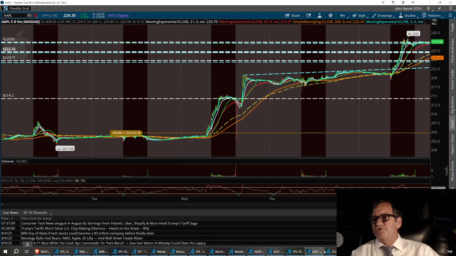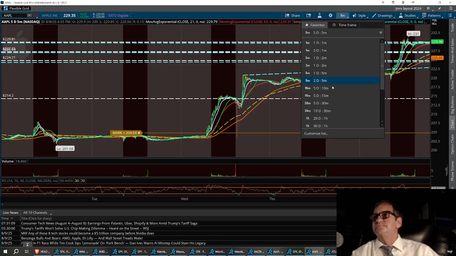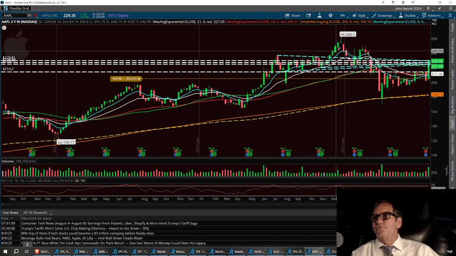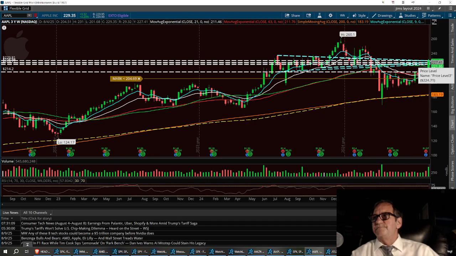But that's called a head and shoulders resistance that we hit, and you can see it on the weekly time frame. Left shoulder, you got a two-headed snake, and then you hit that right shoulder, it pulls back, and then it comes up and retests that shoulder line and could break out.